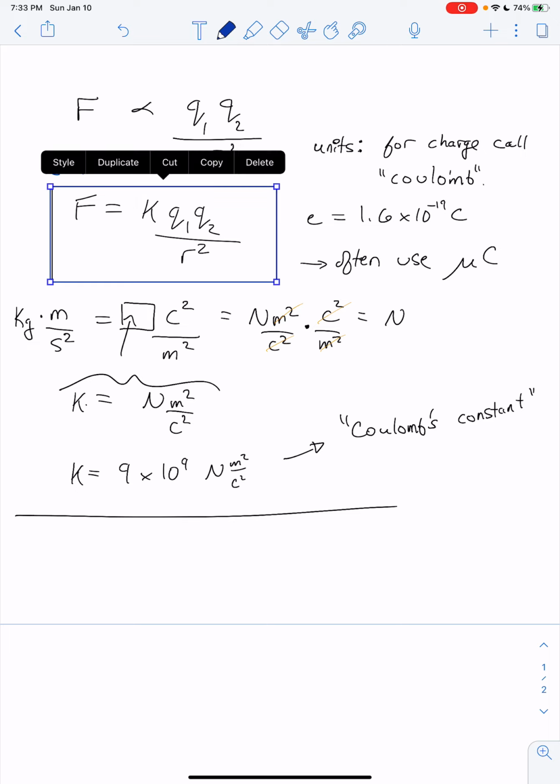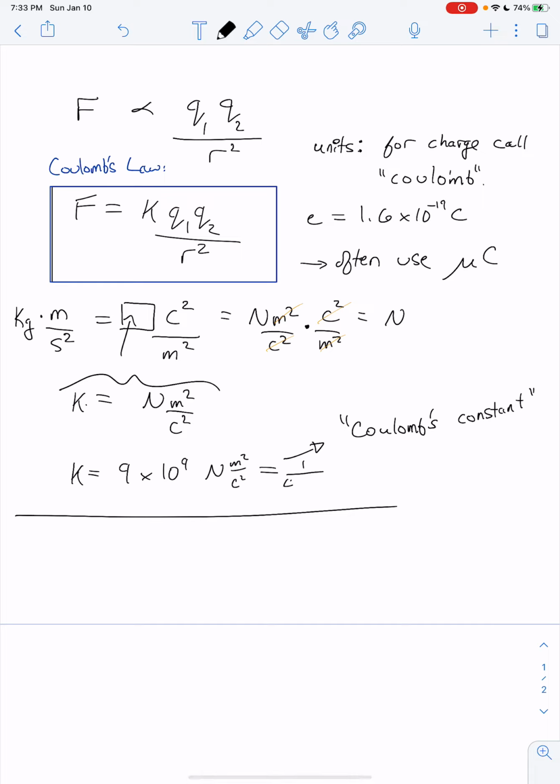Okay, so we can also write this with K, which is related to epsilon naught, and is equal to 1 over 4 pi epsilon naught.